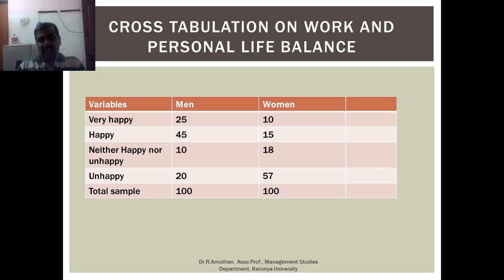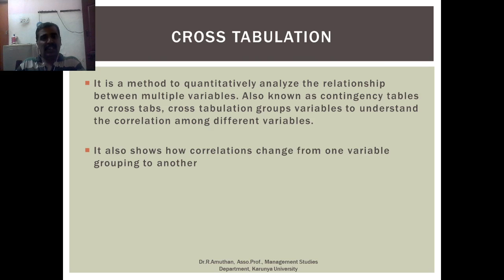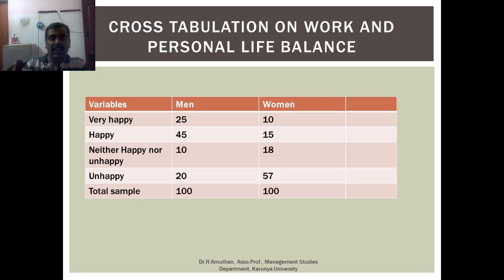So this is what this study is telling you. The cross tabulation is for what? The cross tabulation is purely for correlating the multiple variables. The relationship of the variables will be explained by this cross tabulation. Say, for example, the age of the people, different age levels, and income, right?